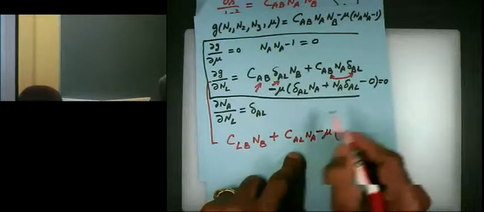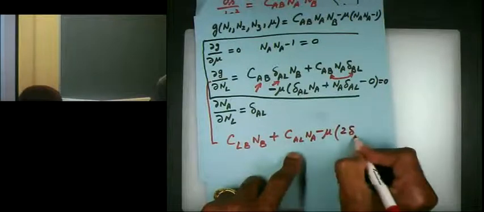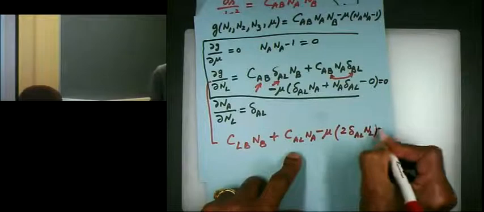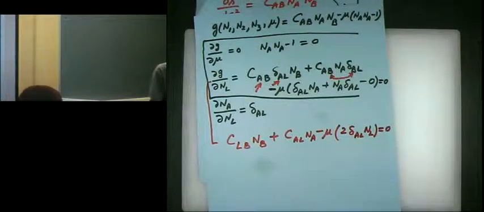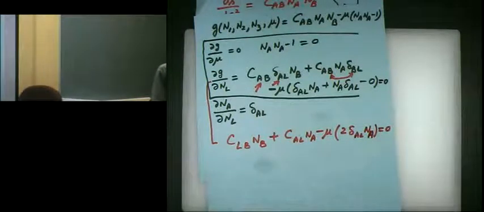These two terms are same, so I can write twice mu delta AL nA, and that should be 0. Both these terms are same, so I can add them up.